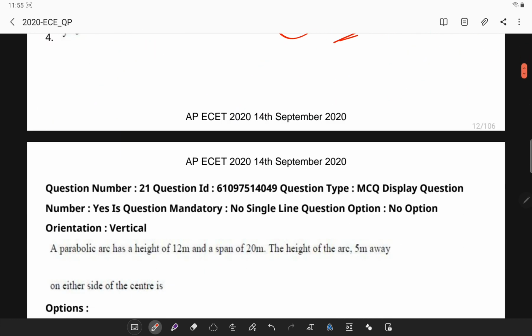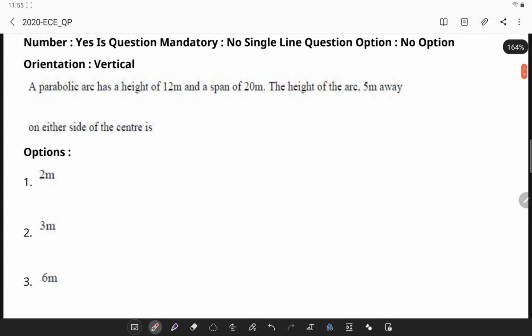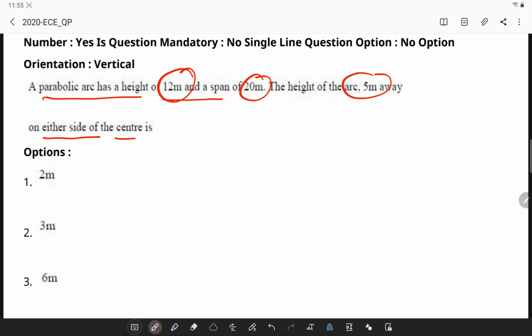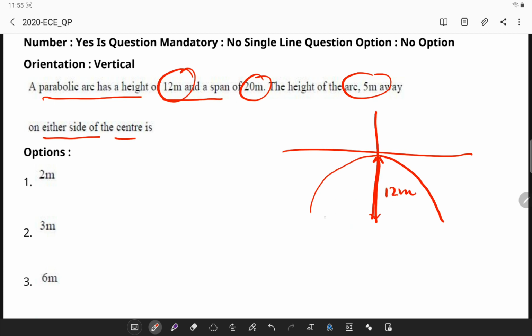This is my answer. So next, a parabolic arc has a height of 12 meters and span of 20 meters, and the height of the arc is 5 meters away on either side of the center. So now imagine this. He said that it is a parabola, so I am imagining like this, because he has given the height as 12 meters and the total span is 20.